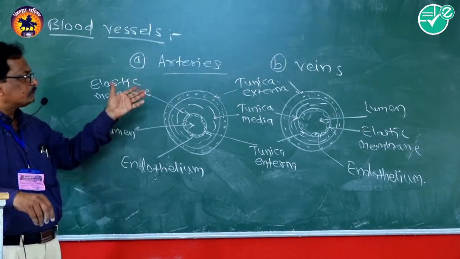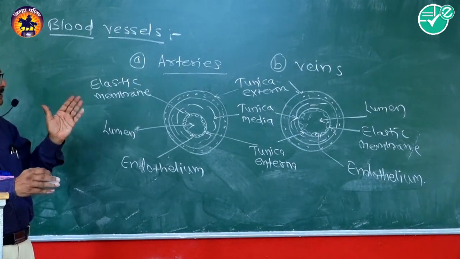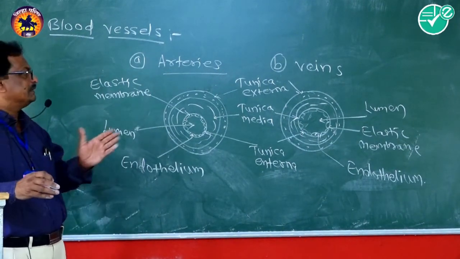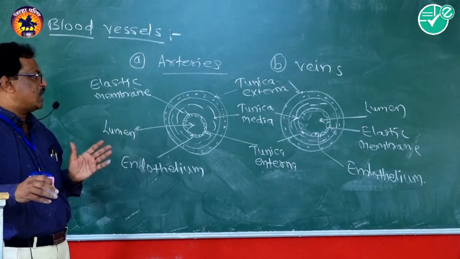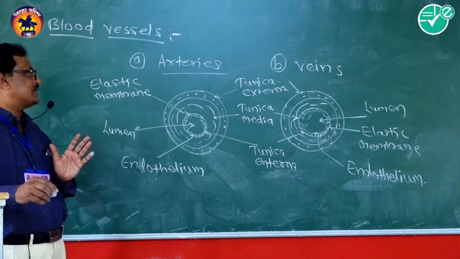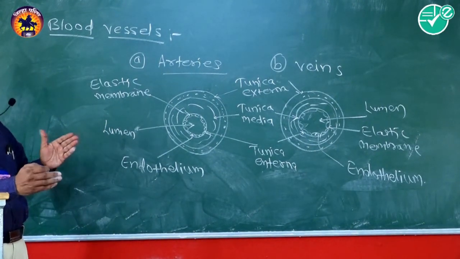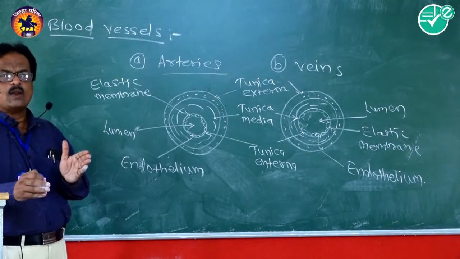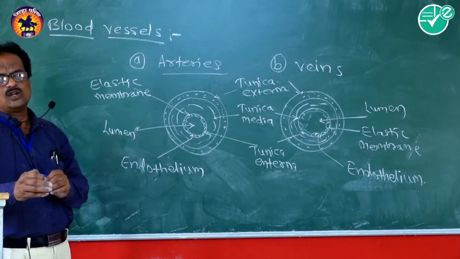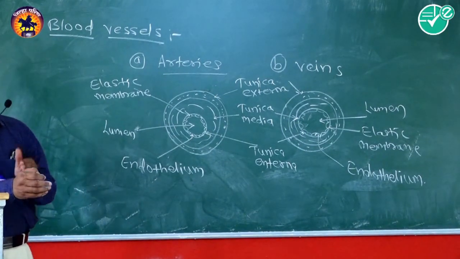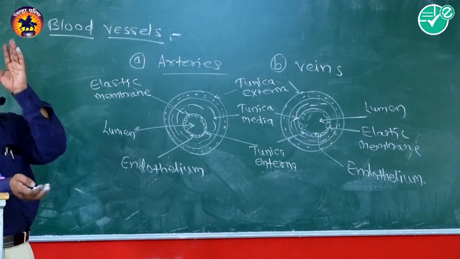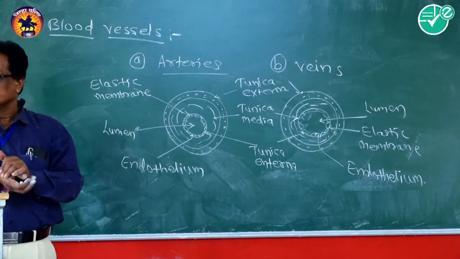After some length, these microscopic blood vessels reunite with each other and form a common blood vessel known as a venule, and then that venule enters into the veins.